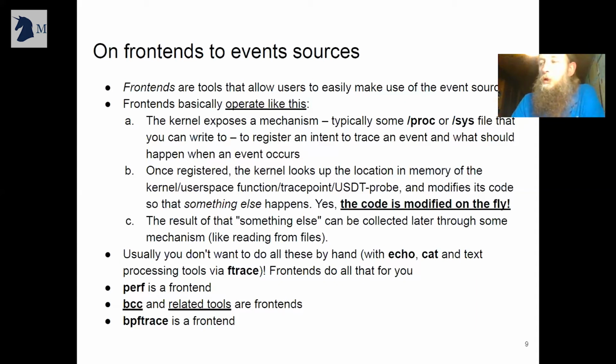Then when eBPF was added to the kernel, a lightweight virtual machine was added that could execute some aggregation code inside the kernel, inside the probe, not in the user land. To access this virtual machine, a set of compilers were created, and a collection of tools called BCC, the BPF compiler collection, and programs based on them were added.